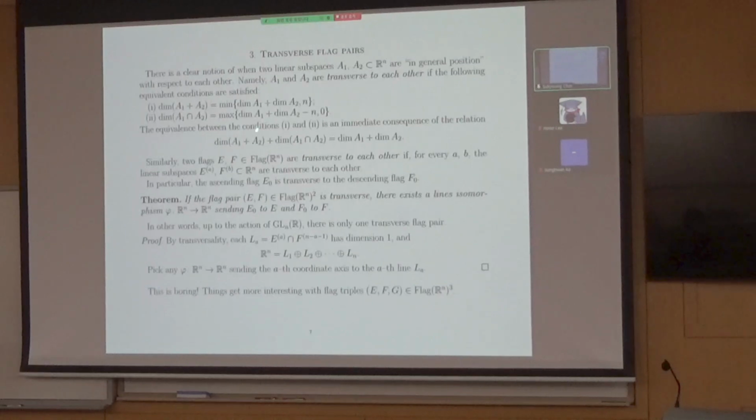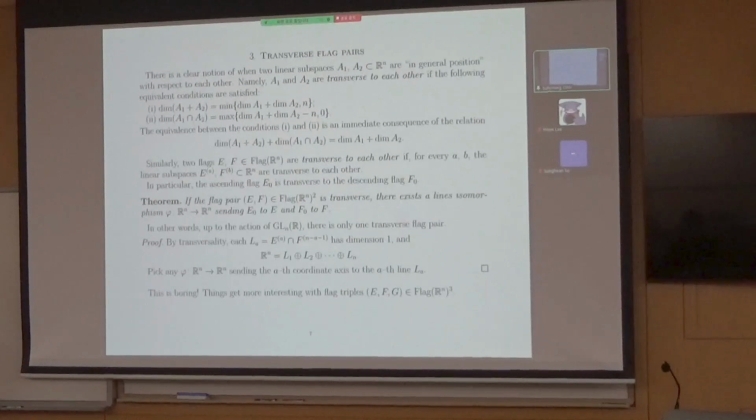So you expect the dimension to be this, except it cannot be negative, right? So you take the maximum with 0. Actually these two conditions are equivalent, because if you remember your linear algebra class, you have this relation between the sum and the intersection. And so if one is as large as possible, the other one is as small as possible. So the two conditions here are equivalent.